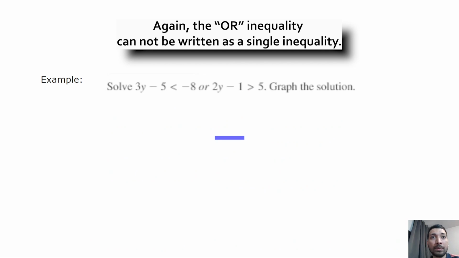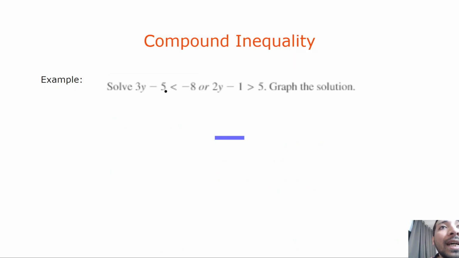Let's try to solve this problem over here. We have 3y minus 5 less than negative 8, or 2y minus 1 greater than 5. After solving, we need to graph the solution as well. So first we write down these two inequalities, and then for the left inequality we just add 5 on both sides.